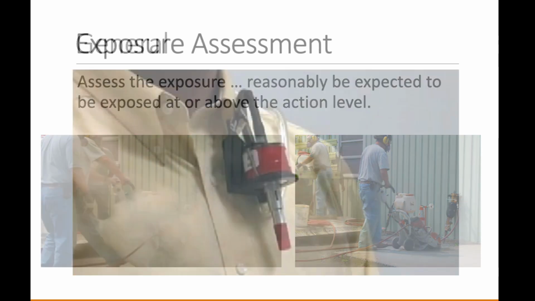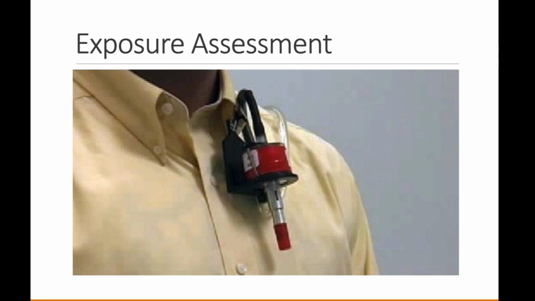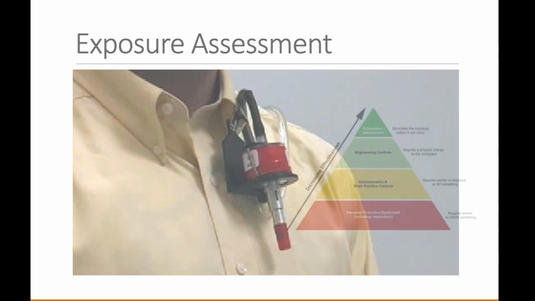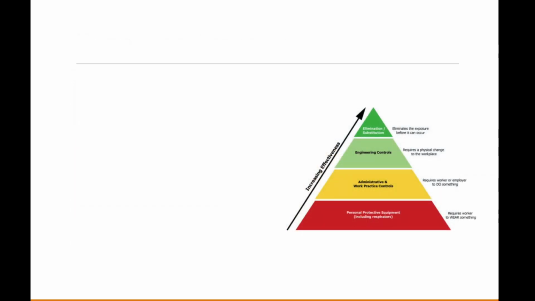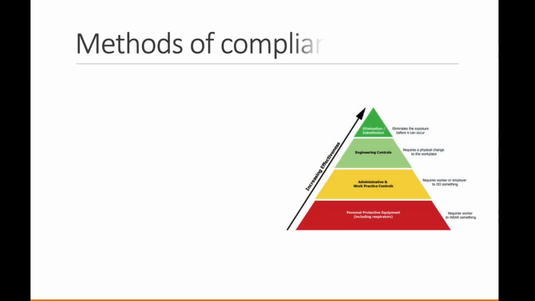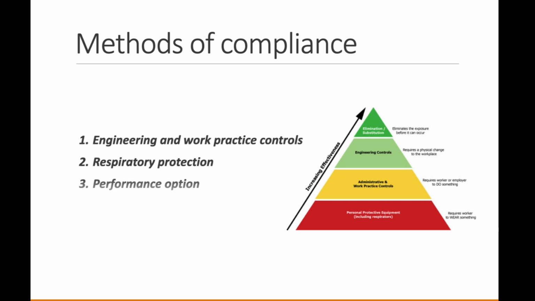What method is typically the way to do it? Vacuum systems may work. There are times when you may need to be tested to see what your exposure is. The methods of compliance: engineering and work practice controls, respirators, and then performance options last.